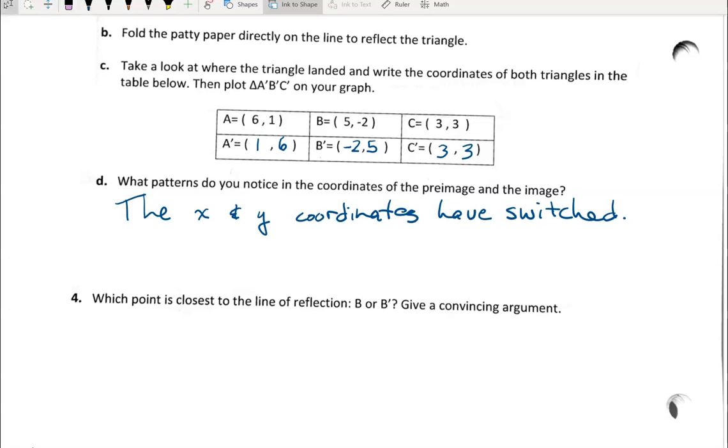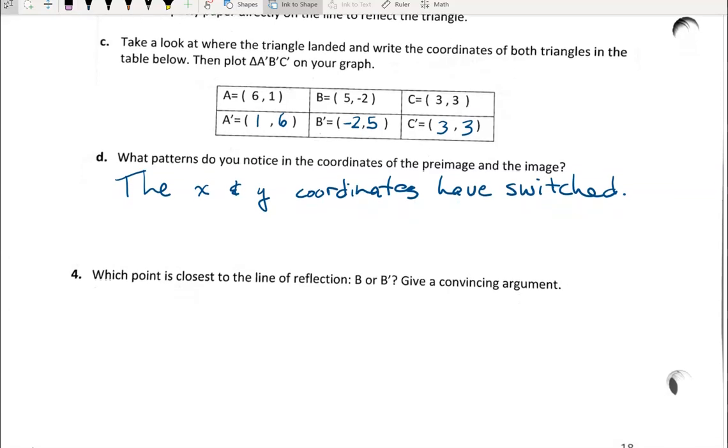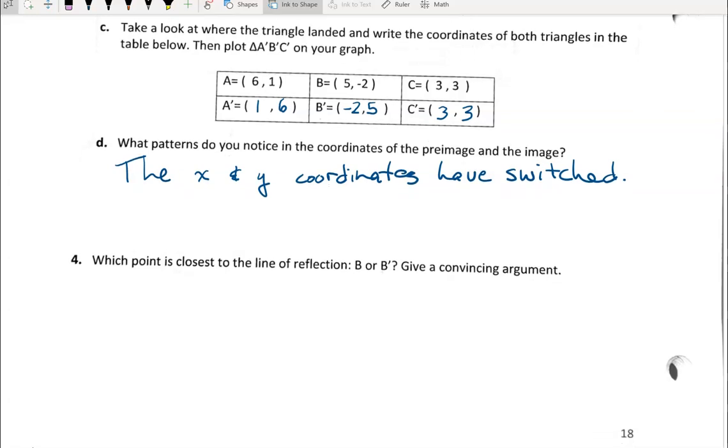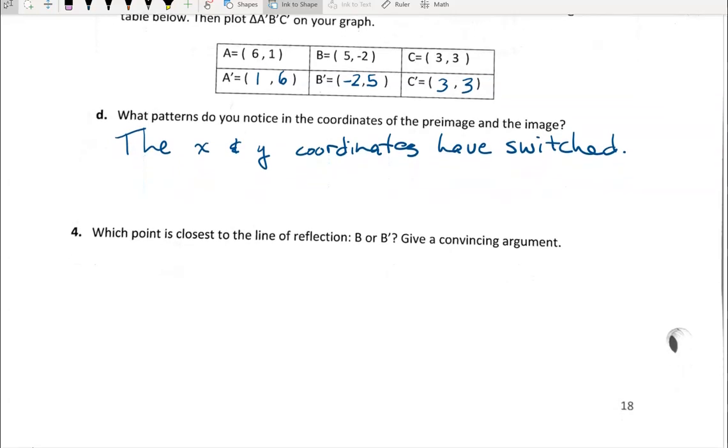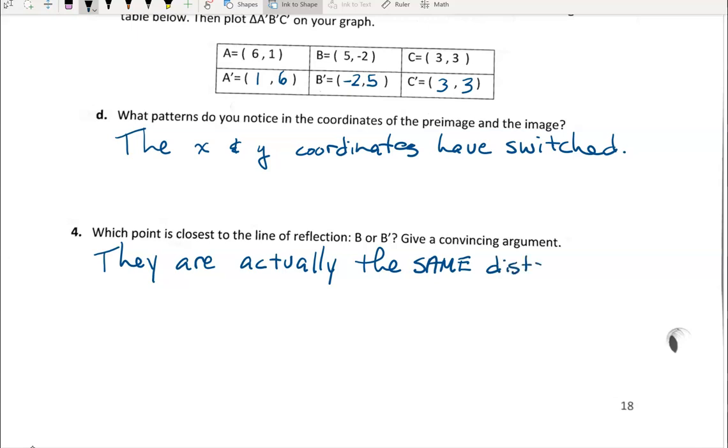Okay, which point is the closest to the line of reflection, B or B prime? All right, and again, if you want to pause the video and give this a go, feel free to do that. Otherwise, I'm going to write the answer here. So they are actually the same distance to the line of reflection.